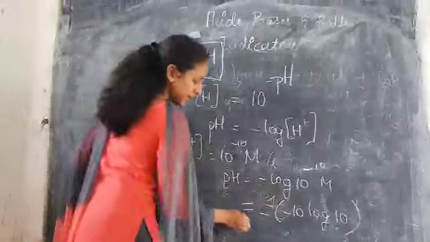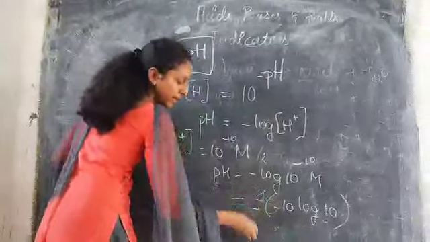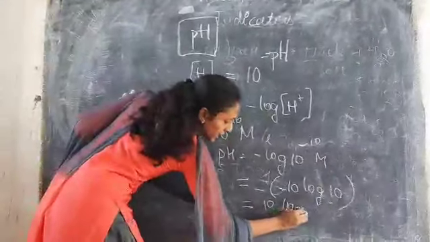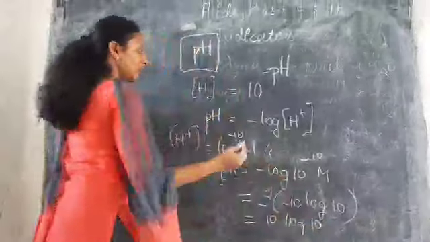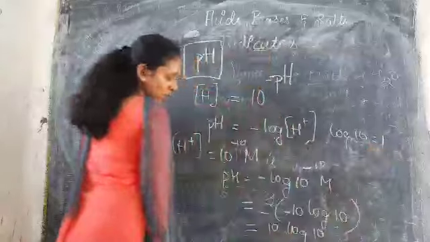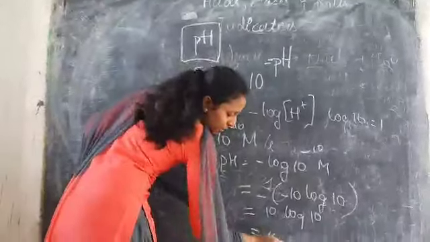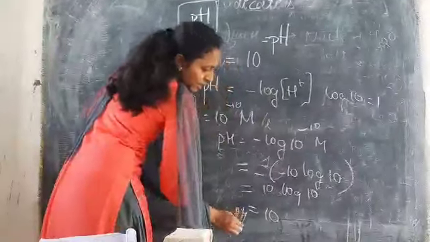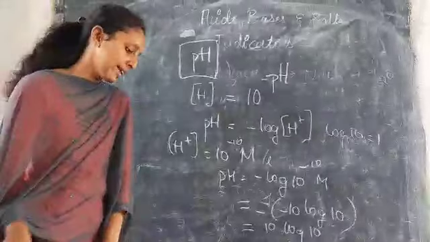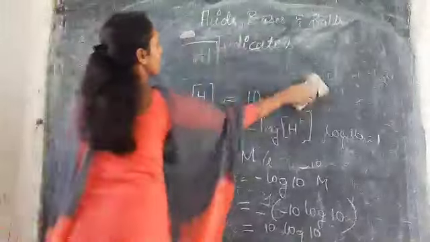Since minus minus becomes positive, it will be 10 log 10. Remember, log 10 is always 1. So the pH will be 10. So it is basic.